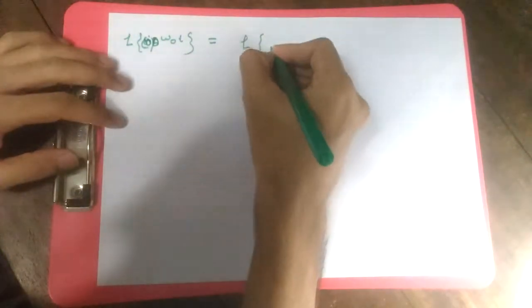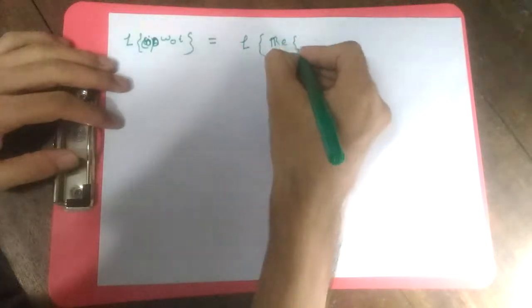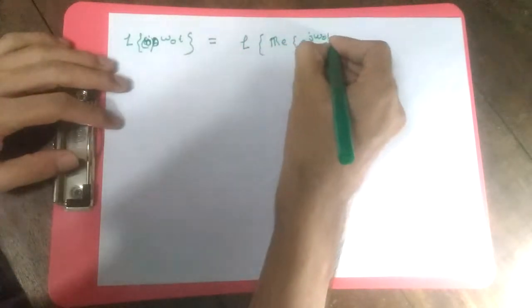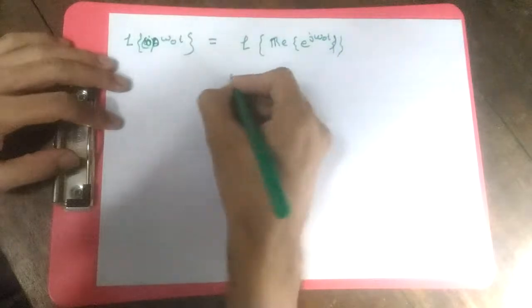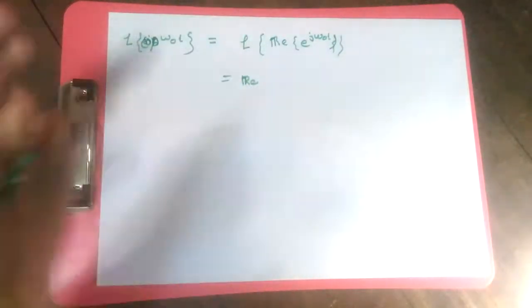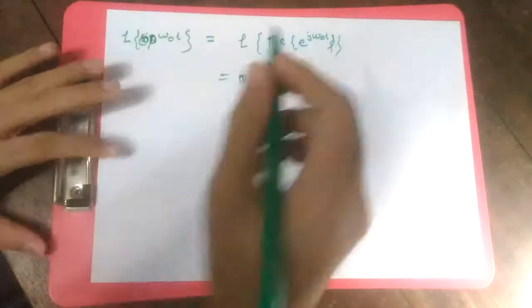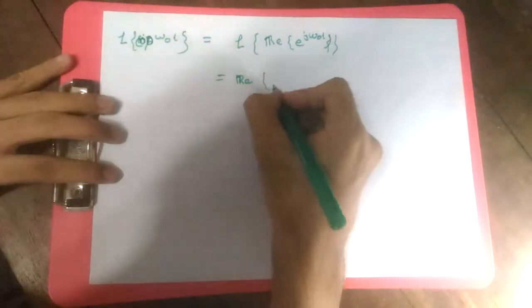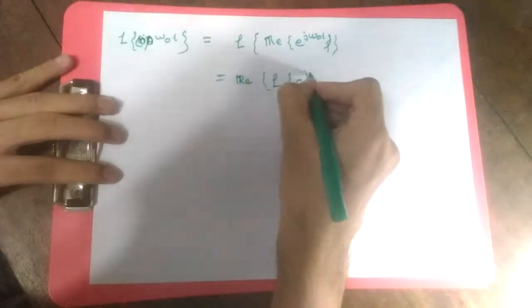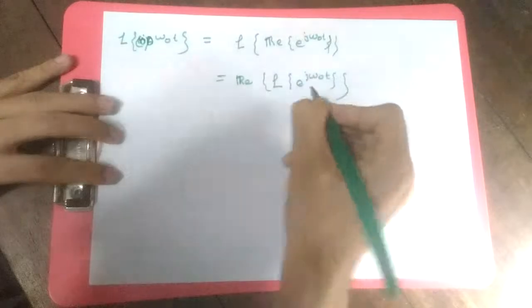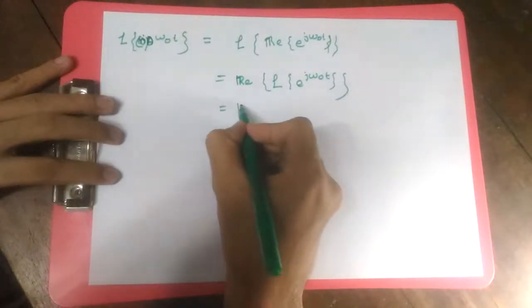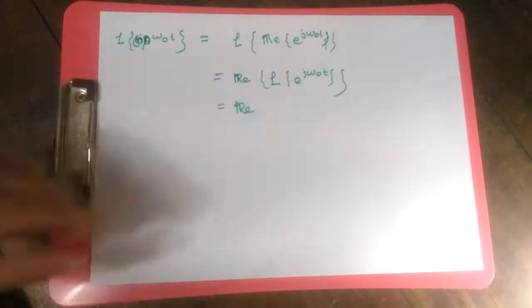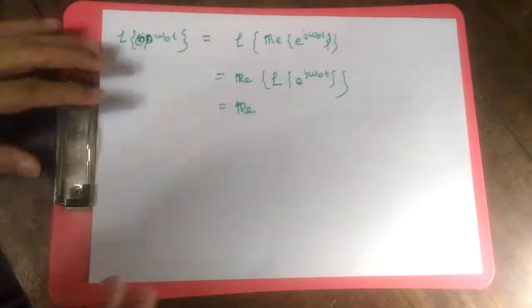So cosine omega naught t is simply the real portion of e to the power j omega naught t. We can exchange the real part and the Laplace transformation because they are exchangeable, we know. And we also know the Laplace transformation of an exponential.